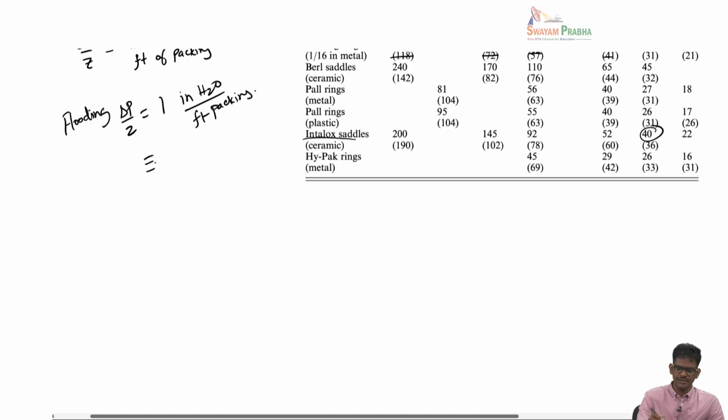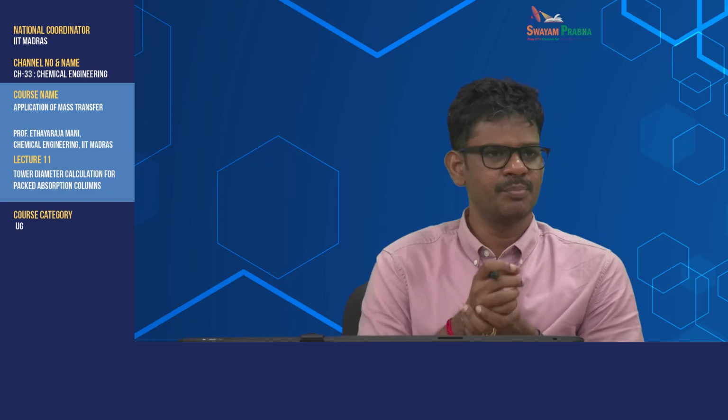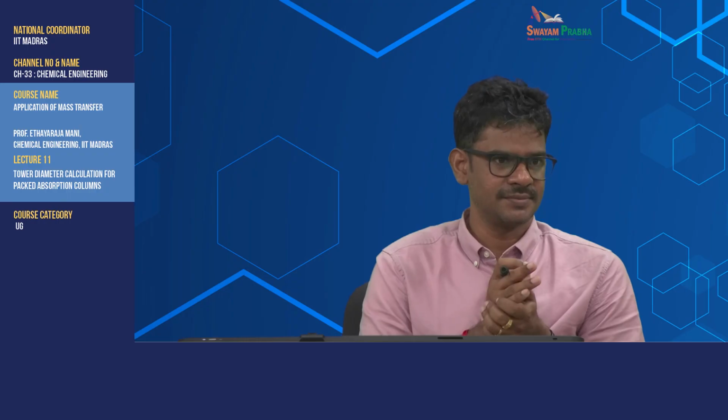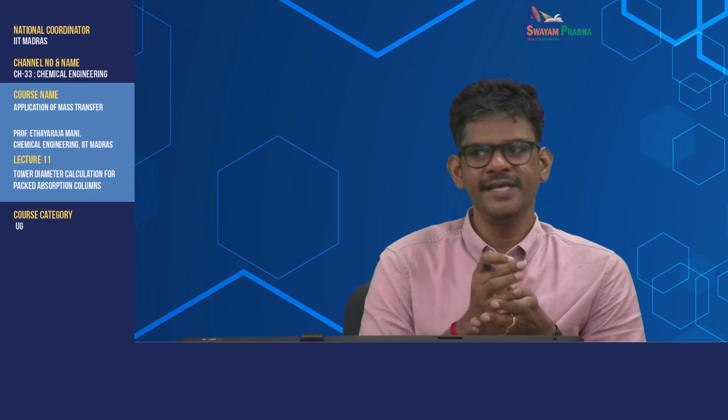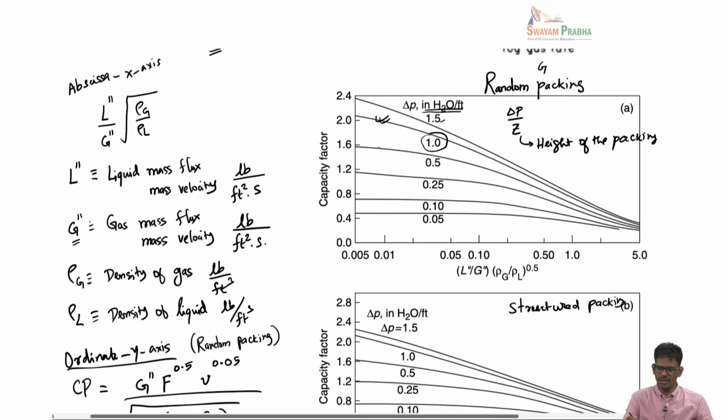In SI units, this would be about 816.4 Pascal per meter. That's a conversion. When you have a column with a pressure drop of 816.4 Pascal per meter, that's where your column floods. Generally, you would operate less than this pressure drop, meaning you will choose a curve below. This is like an upper limit. You may choose something like 0.5 or something in between.